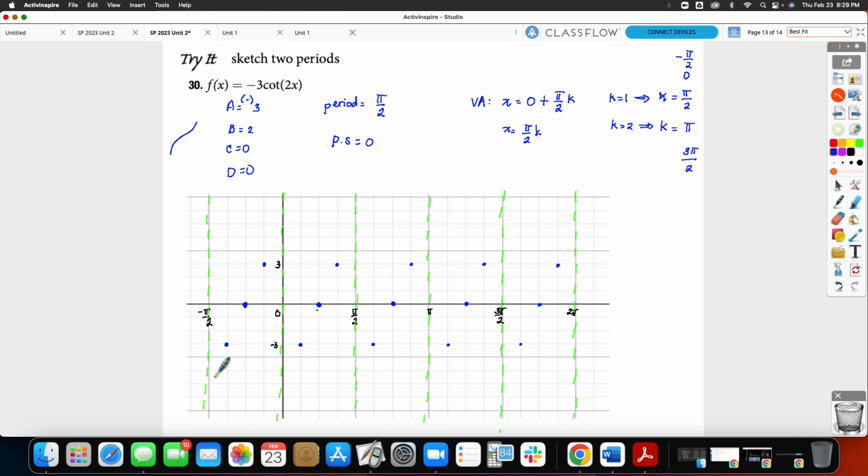Then we connect, and you have the graph of negative 3 cotangent 2x. And that is it for cotangent.